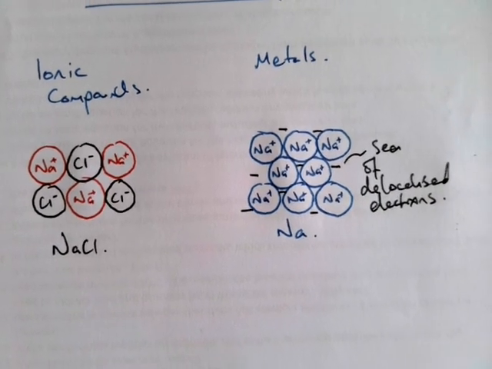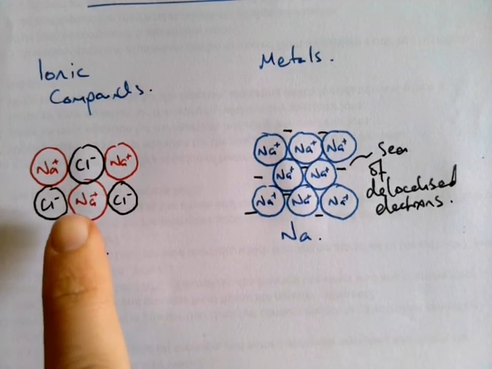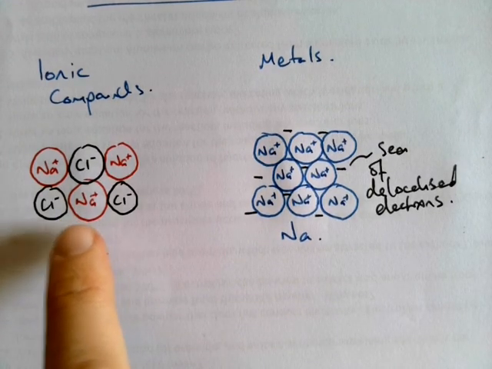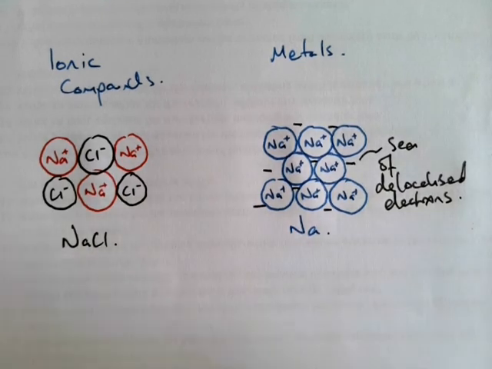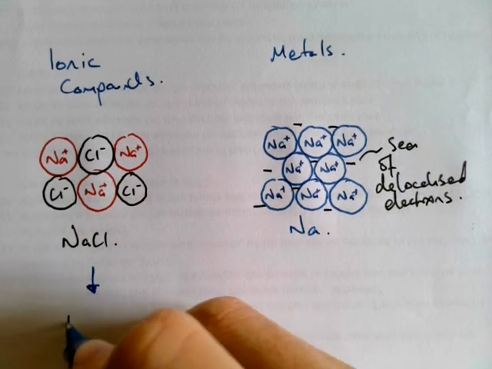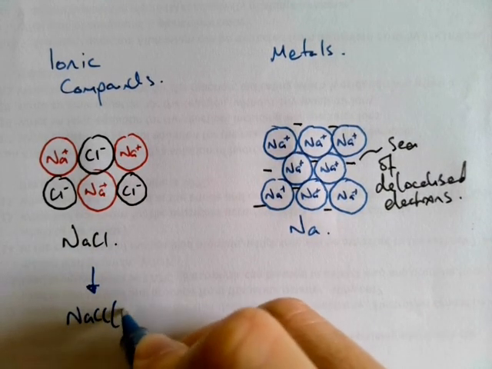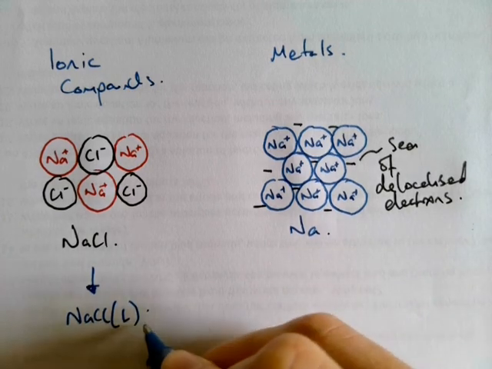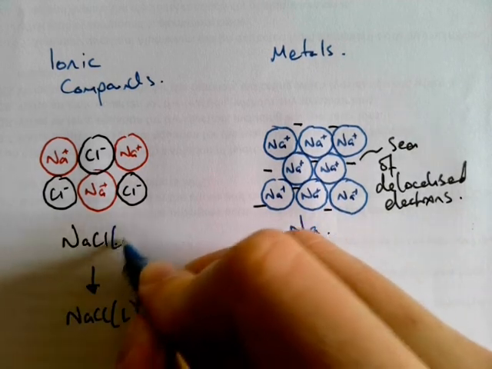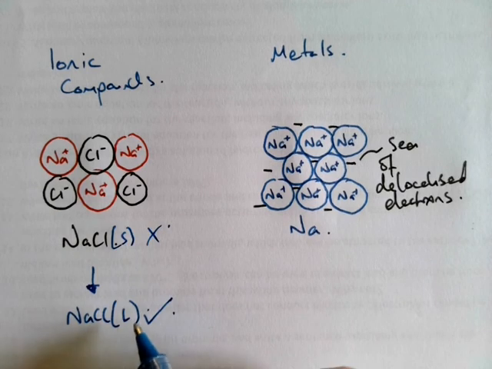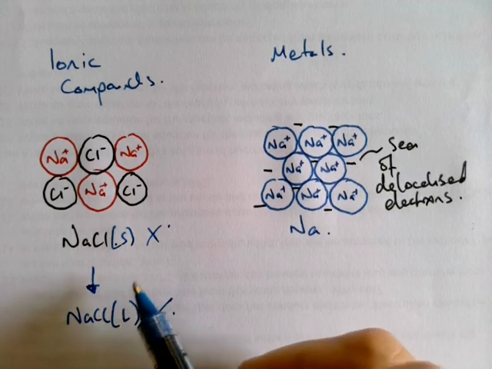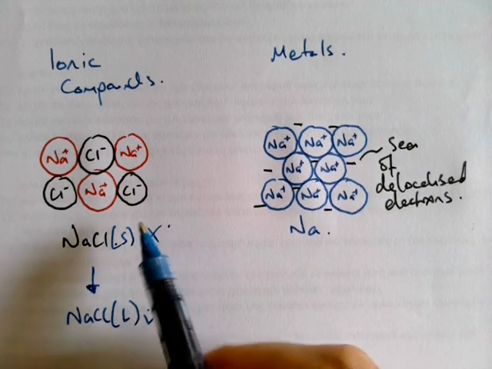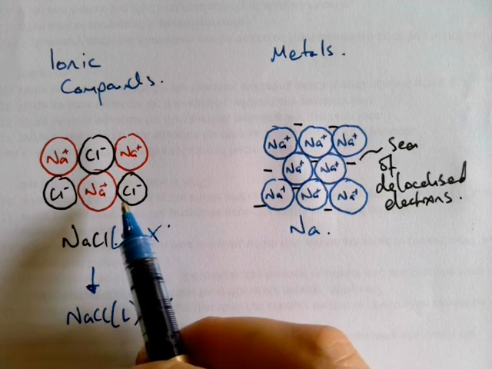All right, so if I now melt this, okay, if I turn this into a liquid, NaCl liquid, it can conduct electricity. Okay, as a solid it can't, but as a liquid it can because, and listen very carefully, now the ions are free to move.